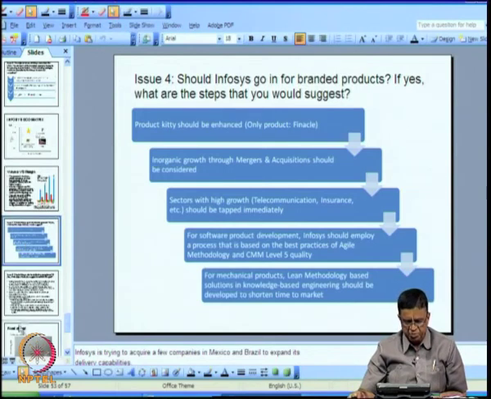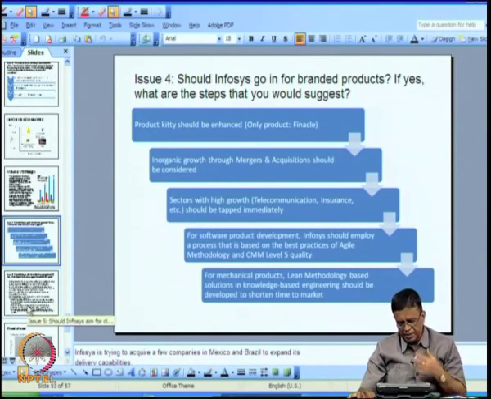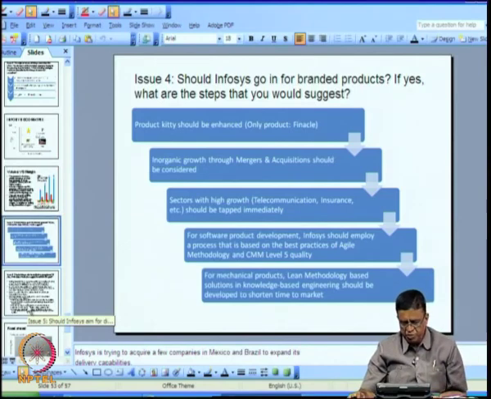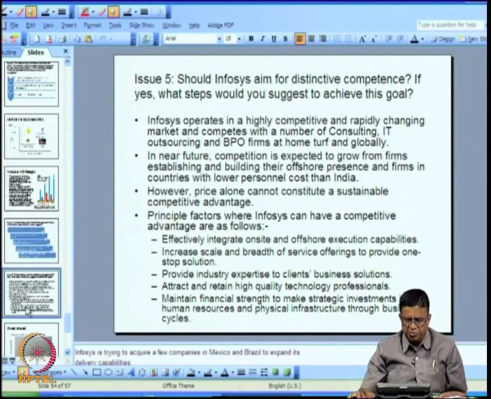Then for software product development, should employ a process based on best practices of agile methodology and CMM level 5 quality. Then for mechanical products, lean methodology based solutions in knowledge based engineering should be developed to shorten time to market. Should Infosys aim for distinctive competence?